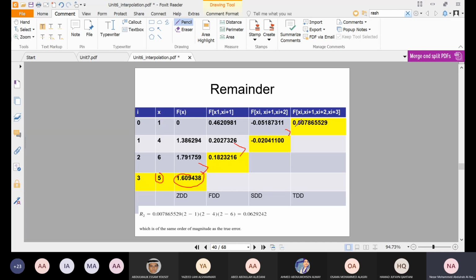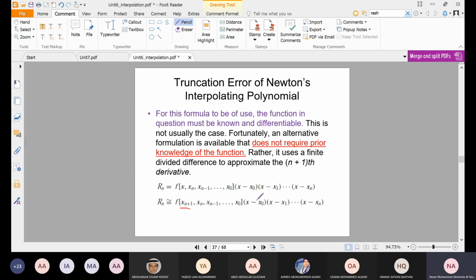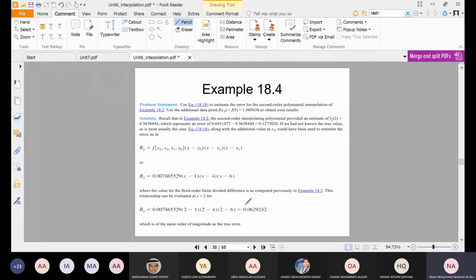To find this coefficient, from the formula, I have the divided difference of n plus 1, multiplied by the product (x - x0)(x - x1) up to (x - xn). All these x0, x1, and x2 to xn are known to us from the table. We just substitute. If I know the value of x, for example 2, I just substitute x equal to 2 to find the error.